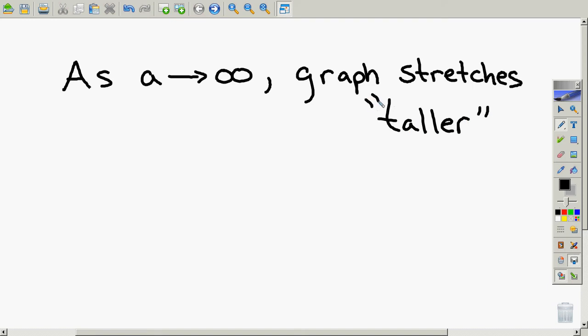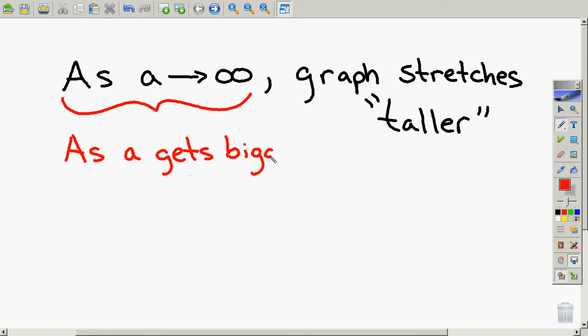So the graph is going to get narrower and narrower is what it's going to appear to. This part that says as A approaches infinity, you can think of that as A gets bigger.